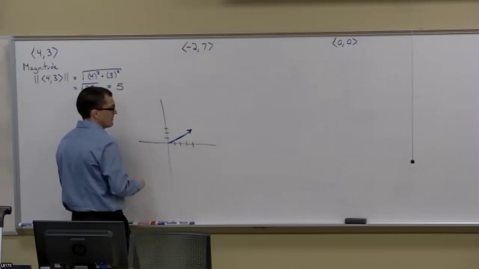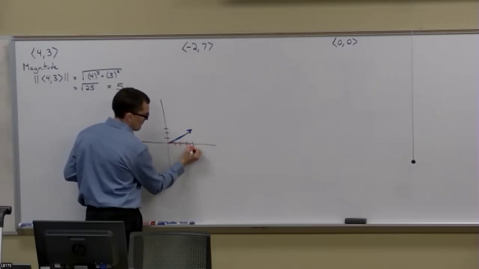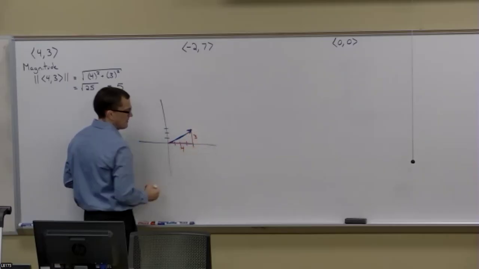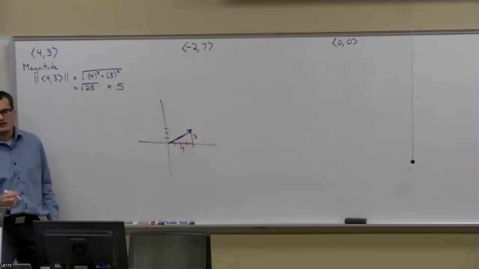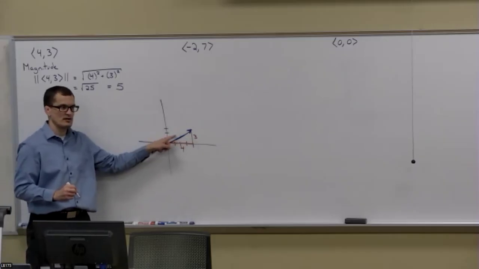And we're saying, well, if I know the base length's 4 and height's 3, this is the right triangle. So a squared plus b squared is equal to c squared, Pythagorean theorem.